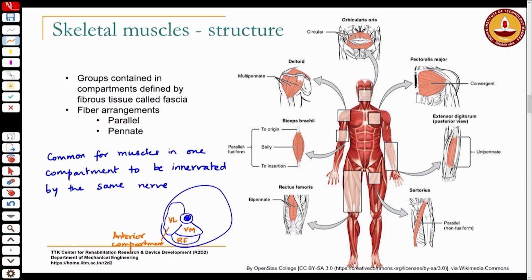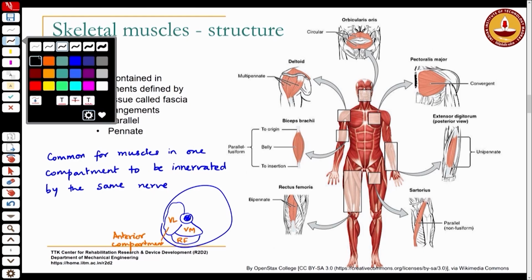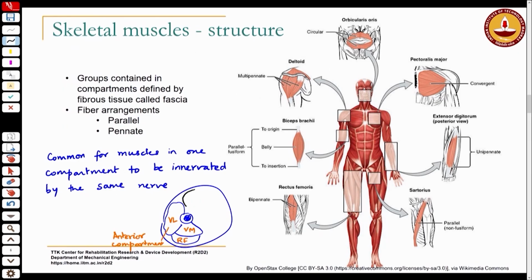And then in the posterior compartment you have a group of muscles which would be the biceps femoris, the semitendinosus and the semimembranosus.